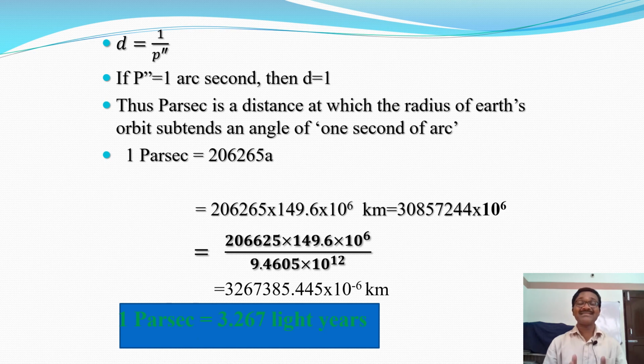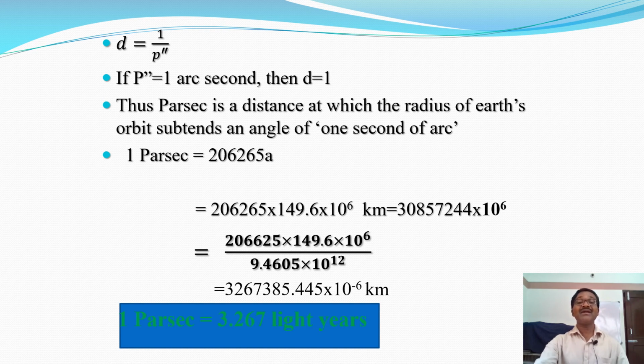Thus, parsec is the distance at which the radius of the Earth's orbit subtends an angle of 1 arc second. Therefore, 1 parsec is equal to 206265 into a. Here a is the mean radius of the Earth's orbit. When you put in the value of a, we get the answer.